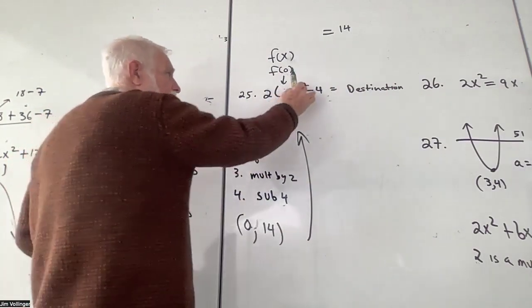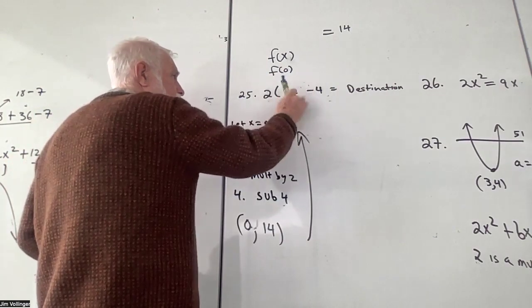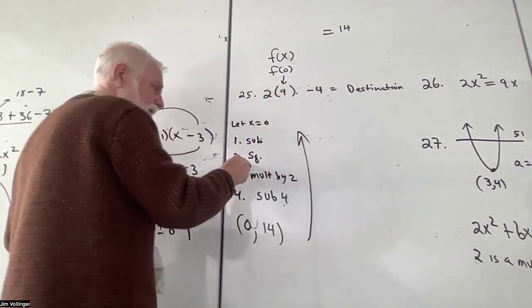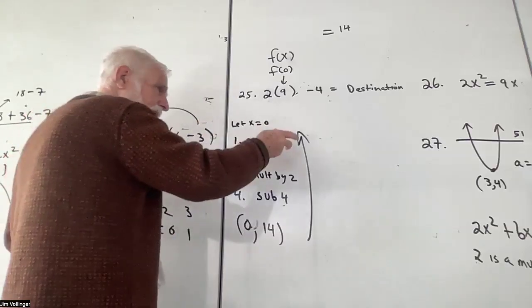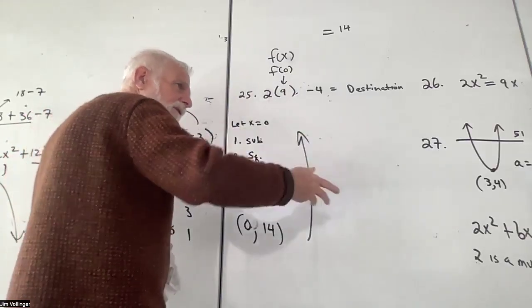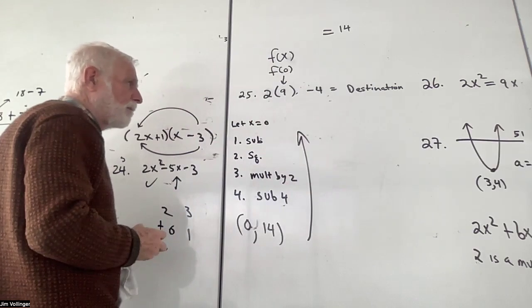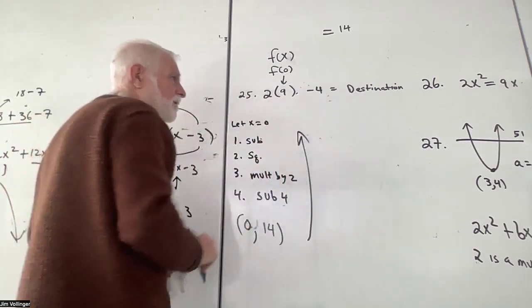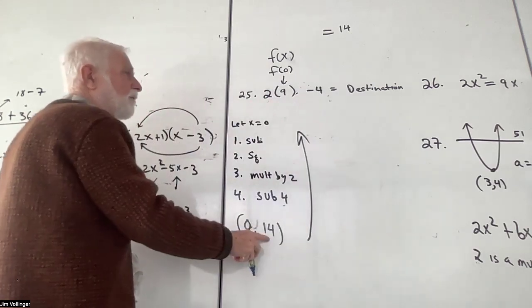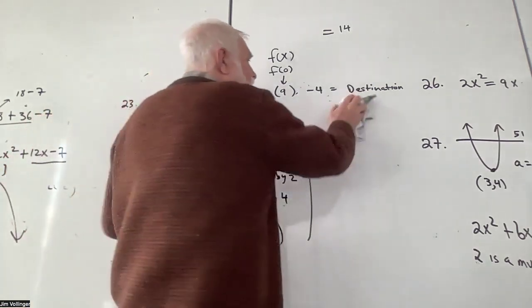I do the squaring, that gets 9. That's the second step. Third step, I do the multiplication. Notice with parentheses and then the harder operations to the easier ones, kind of follows that form. 9 multiplied by 2 is 18, and then I subtract 4, cut to the chase, and that takes me to 14, I believe. So I know my destination.